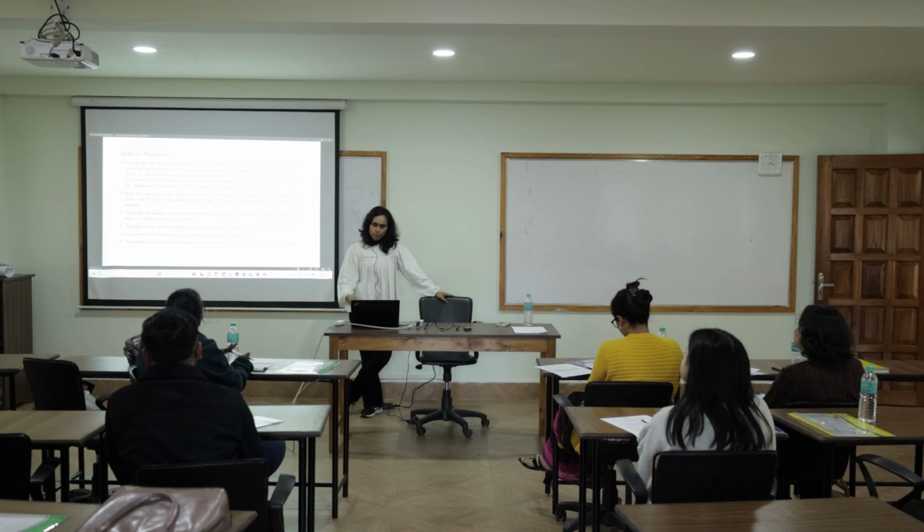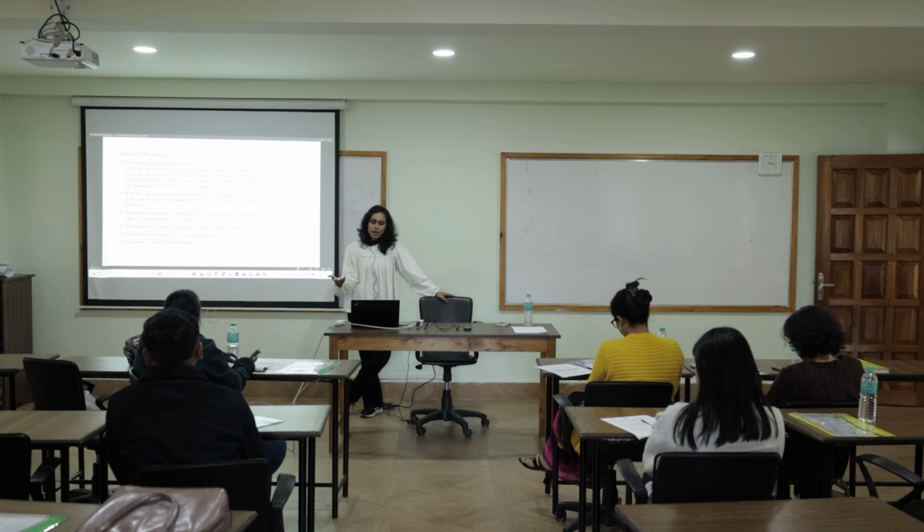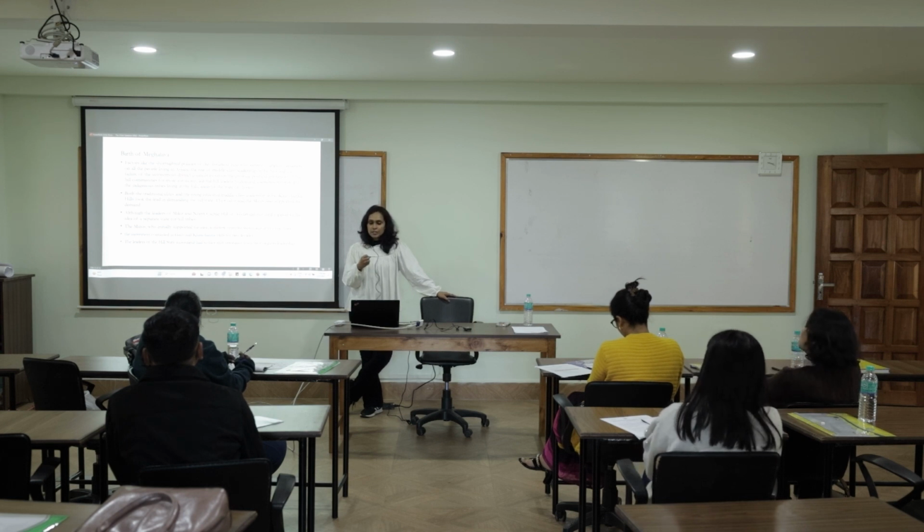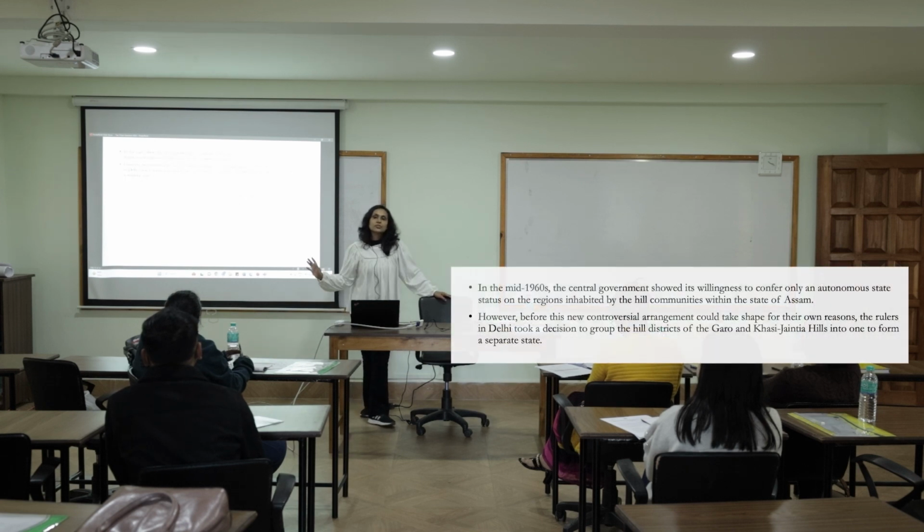And the movement continued in the Garo and Khasi Jaintia Hills, and the leaders of the Hill State movement had to face very stiff resistance from the Congress leaders, as I have said, because they never wanted separate states.